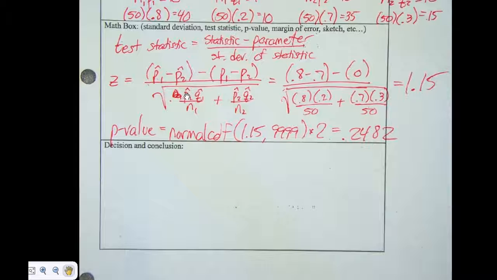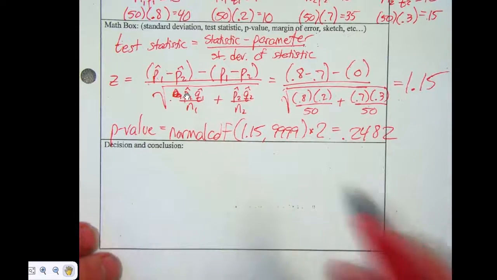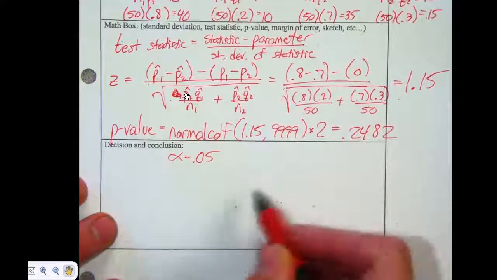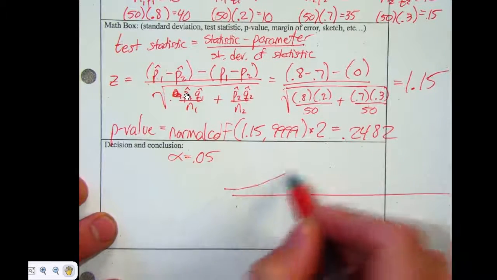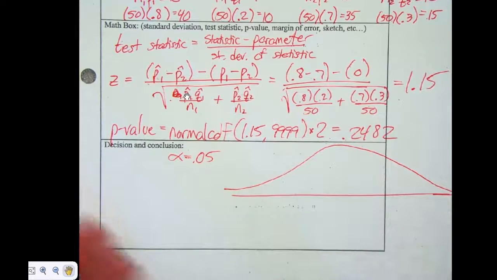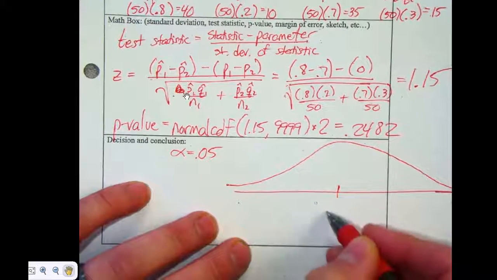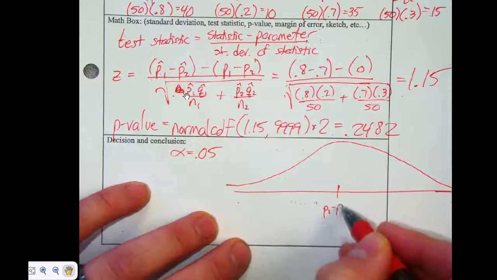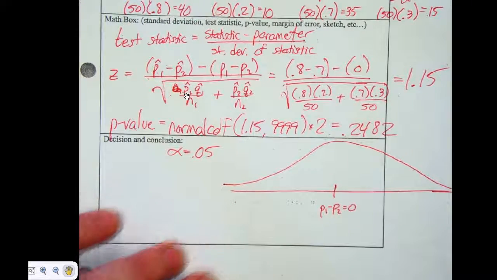Questions on where I'm at so far? You have to draw it still. I just ran out of room, but I'm gonna draw it. So alpha's 0.05. Now in here, you gotta say P1 minus P2 equals 0.